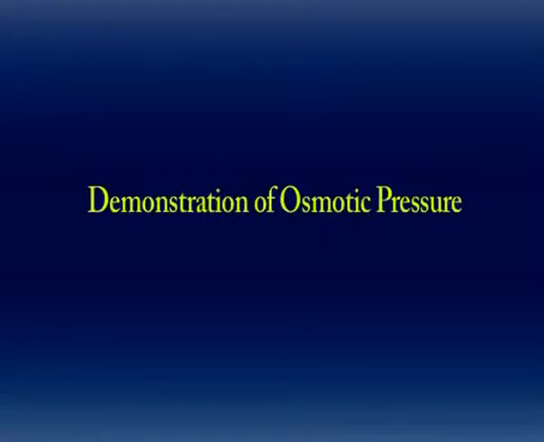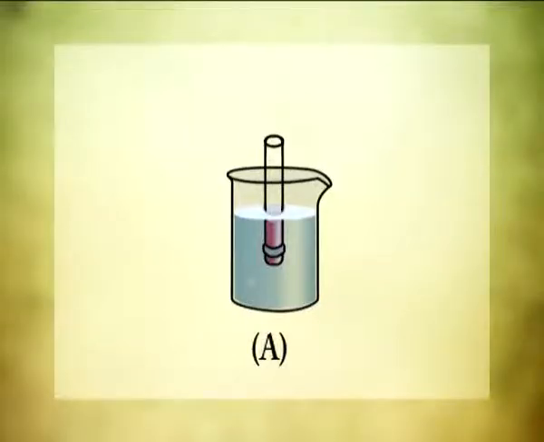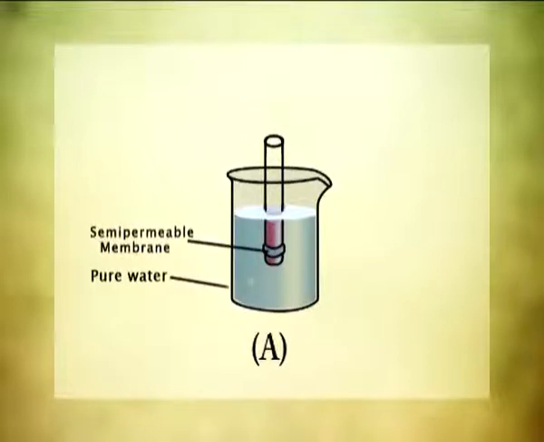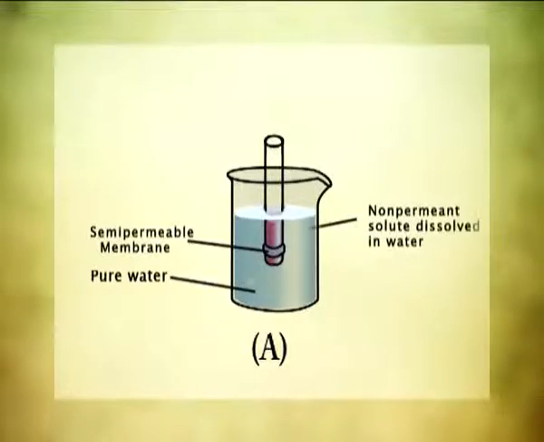Now, demonstration of osmotic pressure. In the image, A represents the initial state. The tube contains an aqueous solution, the beaker contains pure water, and the semi-permeable membrane allows the passage of water but not solute. Water flows from the beaker into the tube to equalize its concentration across the membrane.